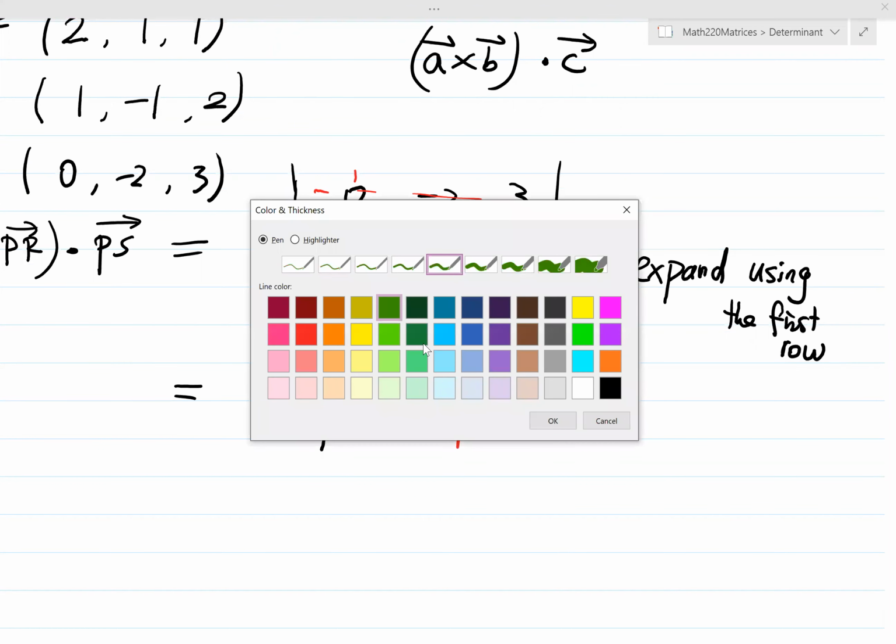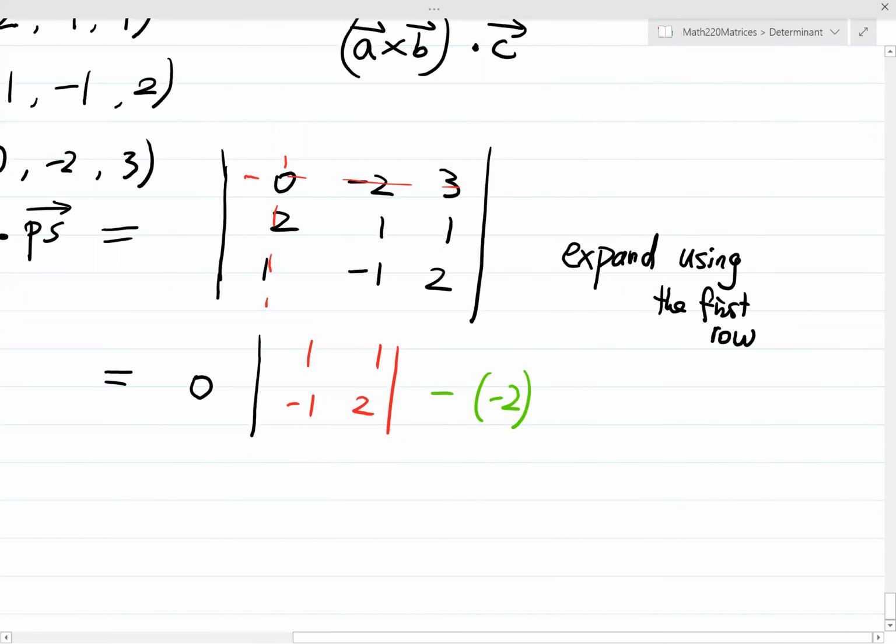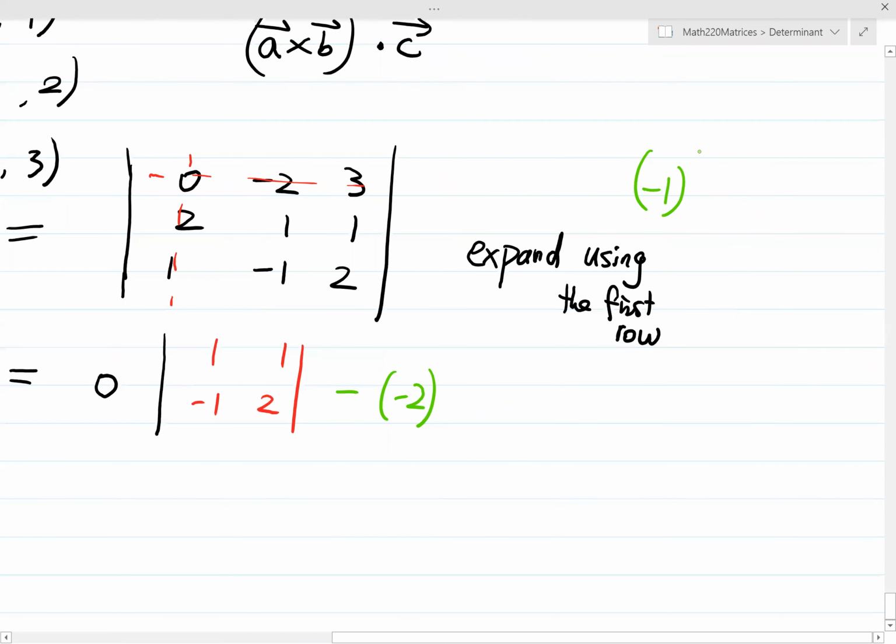So it should be -2. The negative sign comes from -1 to the power of row number plus column number. Here this -2 is in the first row, second column.